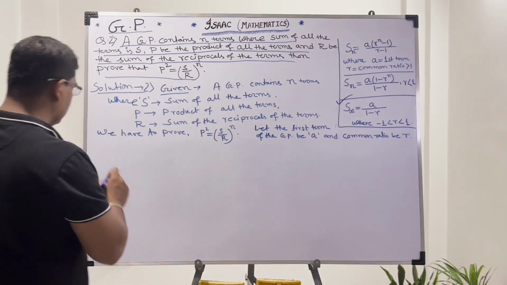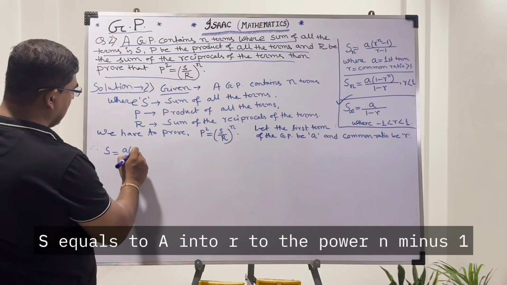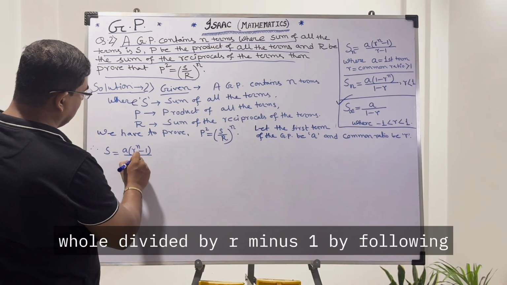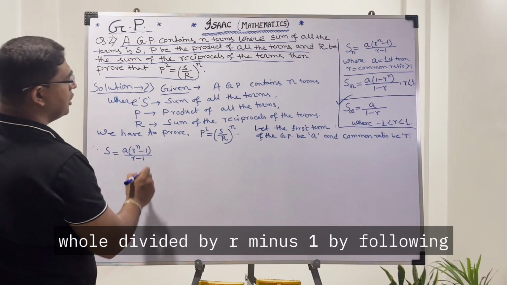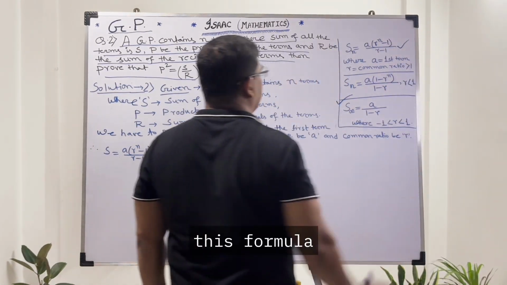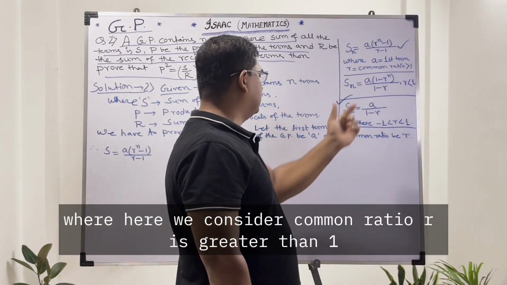Therefore, S equals a into (r to the power n minus 1) whole divided by (r minus 1) by following this formula, where here we consider the common ratio r is greater than 1.